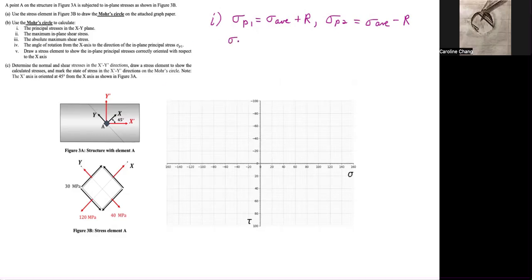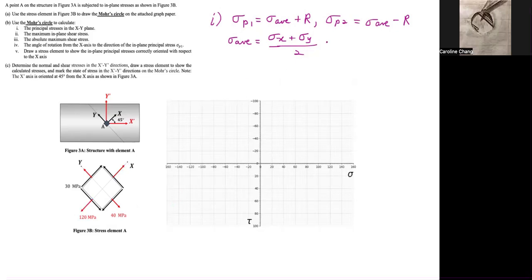So sigma average is equal to sigma x plus sigma y over 2. And if you look at this Mohr circle on the bottom here, we can see that our sigma y is given by 40 megapascals and our sigma x is given by 120 megapascals. And both of these are positive since they are in tension, as you see over here.